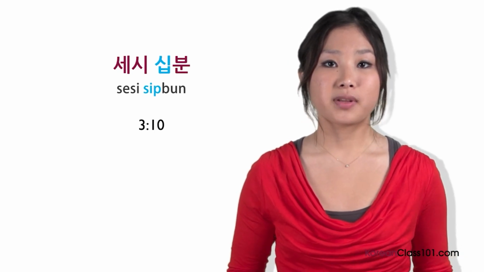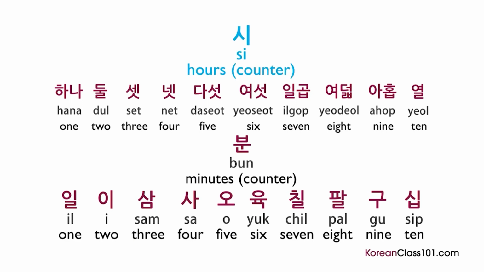Then 10 in Chinese numbers, 10. And finally the word for minutes, 분. 3시 10분. A little confusing, right? Don't worry, you will get the hang of it soon enough. Just remember that for hours we use Korean numbers, and for minutes we use Chinese numbers.